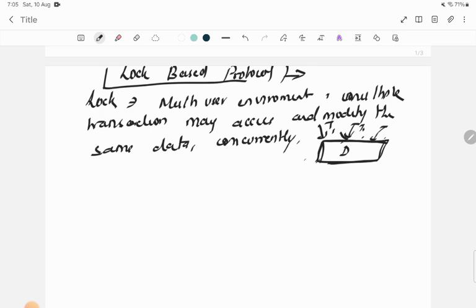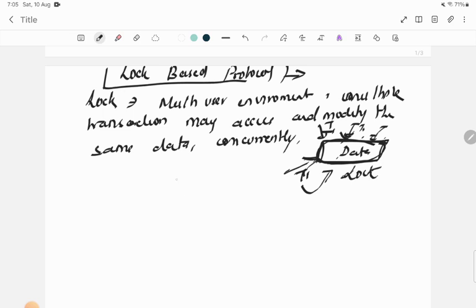To avoid this problem, if a transaction T1 is going to update or work on this data, no other transaction is allowed to use this data. So before using or updating this data, the transaction is going to acquire a lock on it.